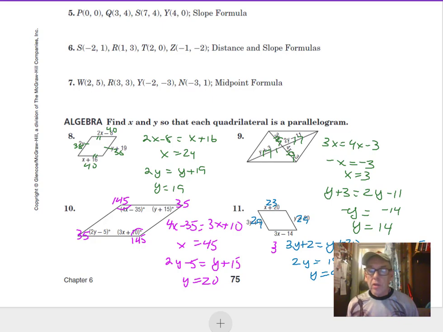Here I get negative 2x when I take 3x away, equals negative 34. Divide by negative 2, x equals 17. Now if x is 17, we got 37. And we have 51 take away 14 gives us 37. So that does make those sides congruent.